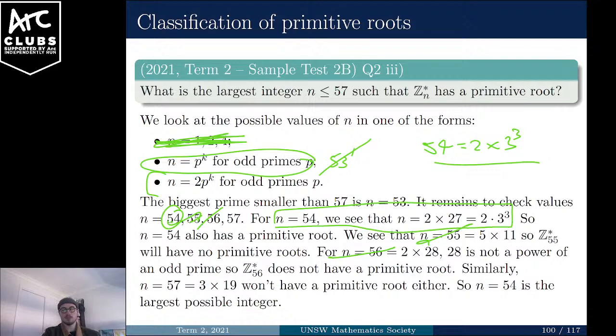So we look at 57, we see 57 is 3 times 19, so it's 2 primes multiplied together, but it doesn't really fall into our criteria. So 57 doesn't work either. So then the largest integer n less than or equal to 57 such that Z star n has a primitive root is 54. So that means you can guarantee that Z star 54 will have a primitive root based on this criteria that we've set up.